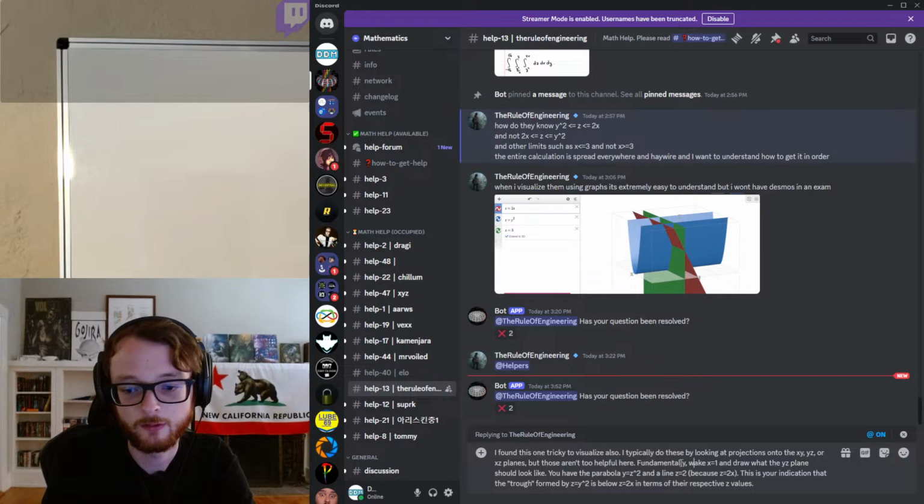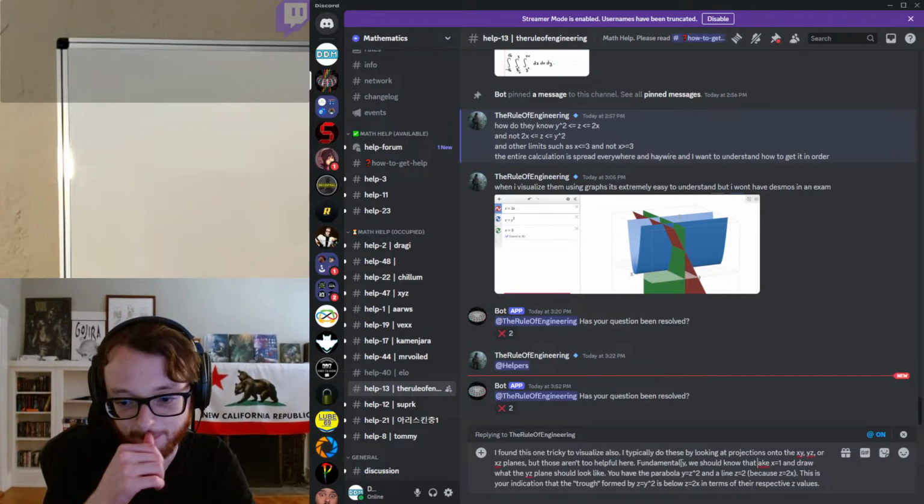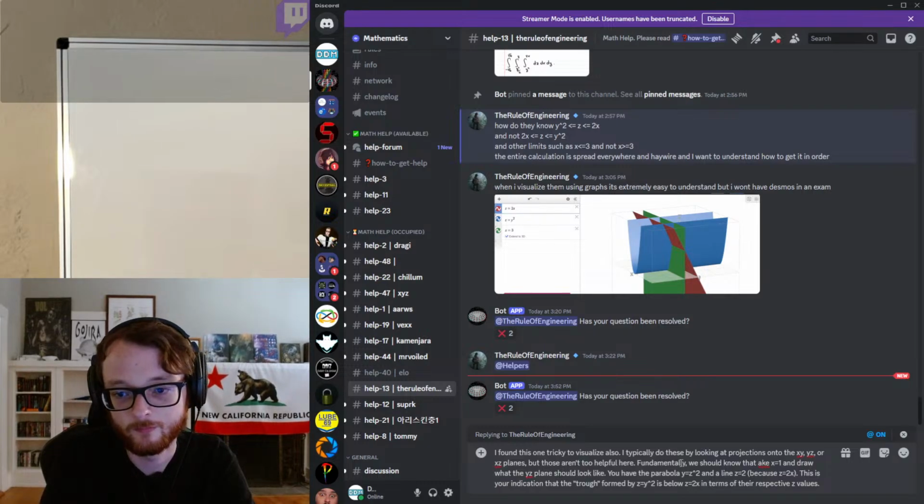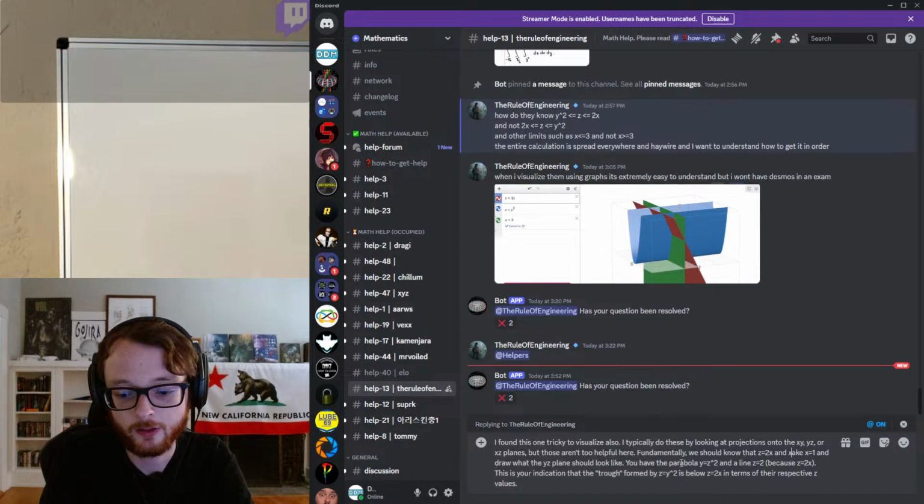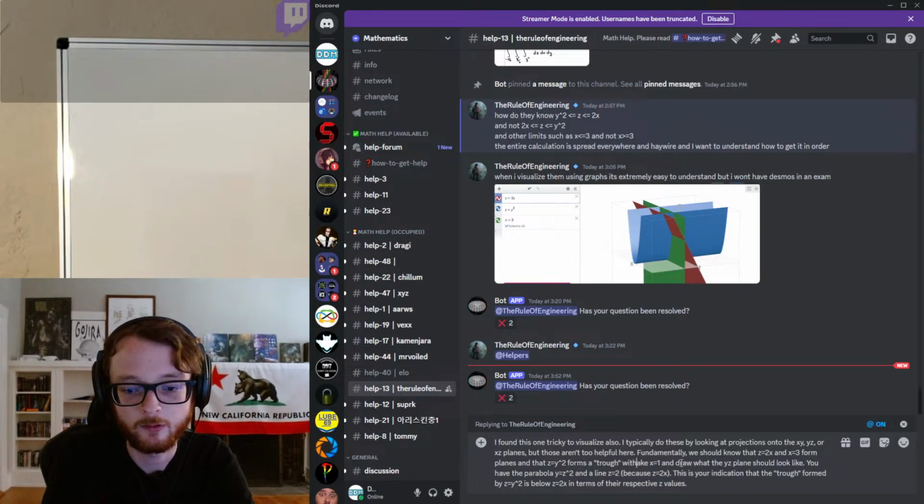Fundamentally, we should know that z equals 2x and x equals 3 form planes, and that z equals y squared forms a trough with parabola for the sides.